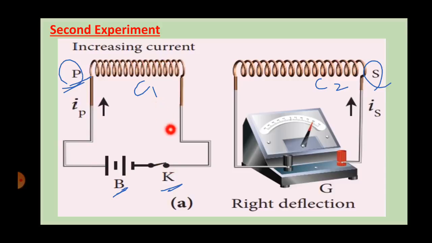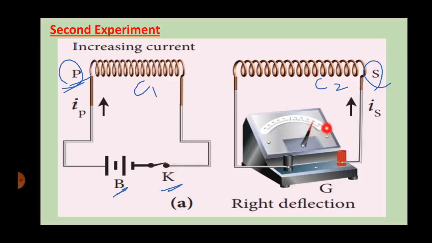At that time, the galvanometer gives a momentary deflection. So listen, when the key is pressed, that means closed, the galvanometer connected with coil C2 shows a sudden momentary deflection.